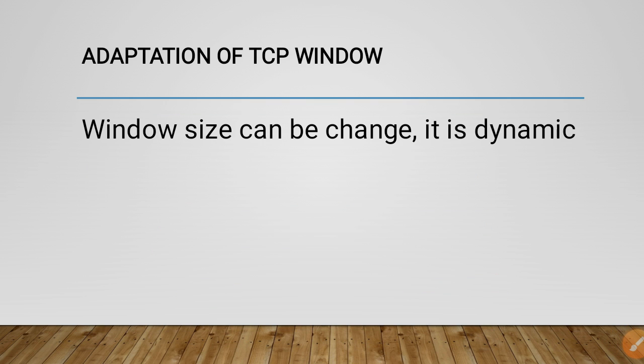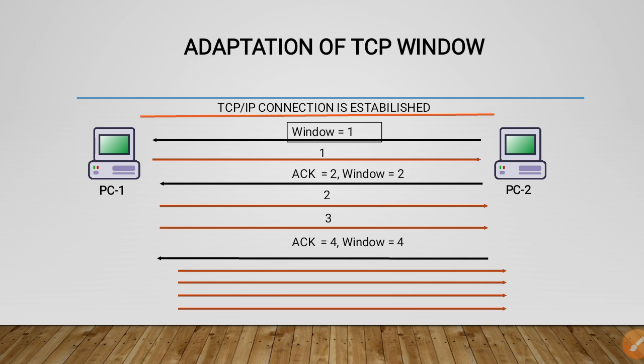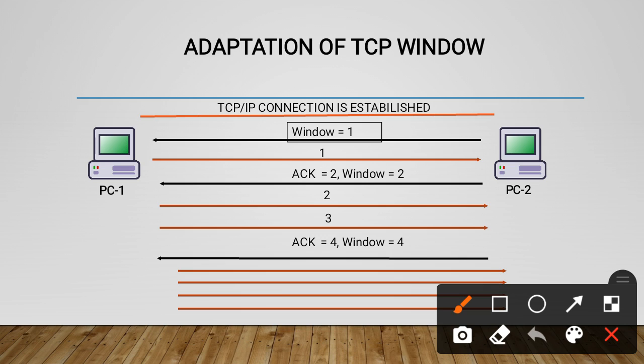And this adaptation window can also be dynamic. First of all, to match the speed, while making the TCP/IP connection, the receiver sends window size 1, which means the sender sends only one segment of data.